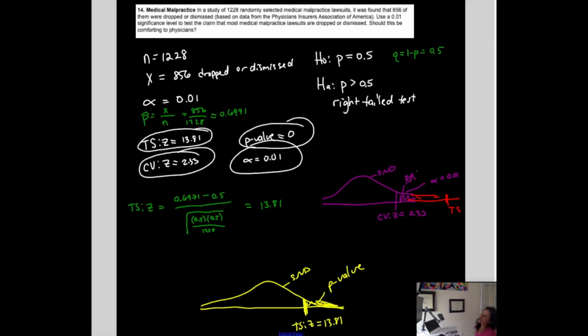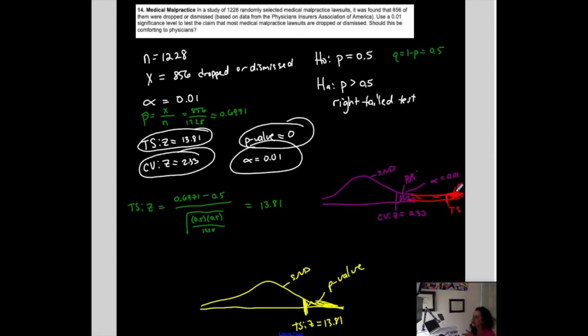I claim that these two methods are basically doing the same thing, and the reason is because I said if the test statistic is in the rejection region, you reject, right? So the test statistic is over here. Well, the p-value is that area corresponding to the test statistic. If I put the p-value on the same curve along with the test statistic and the critical value and the rejection region, the p-value is over here, right? This p-value is this area to the right of the test statistic.